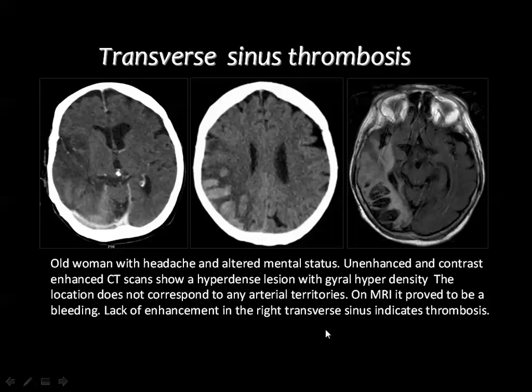And one of the sequelae of sinus thrombosis is the development of hemorrhagic brain infarctions. Here, this is the CT scan after injection of contrast, and you see the filling defect within the transverse sinus, denoting its thrombosis.